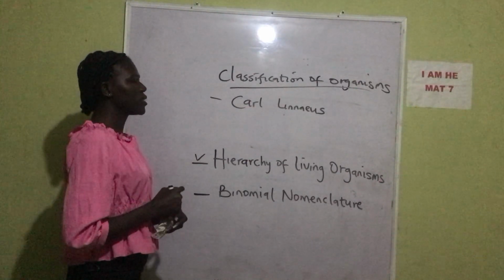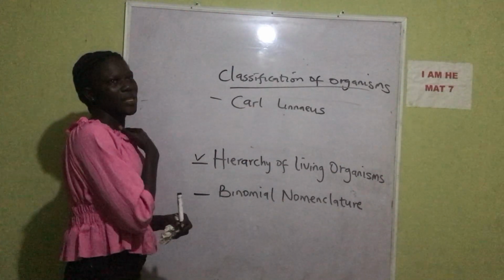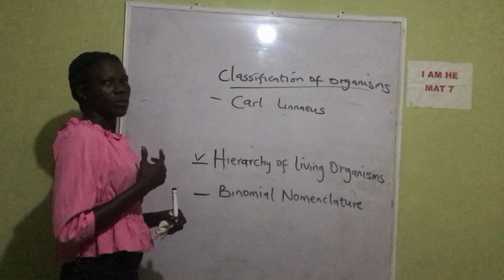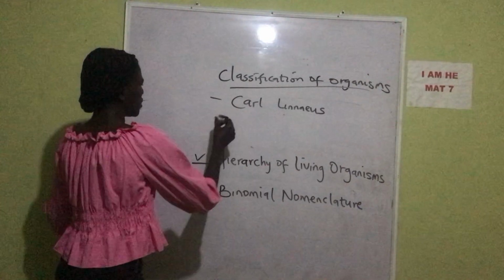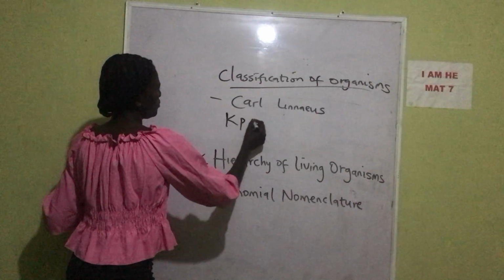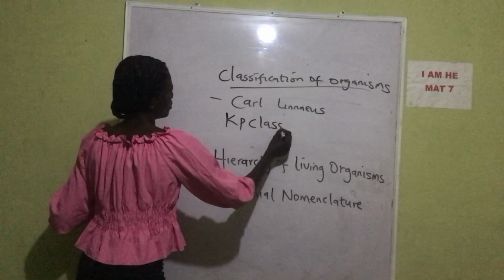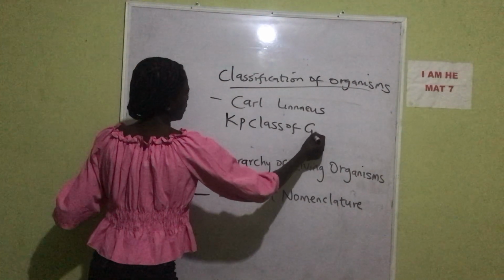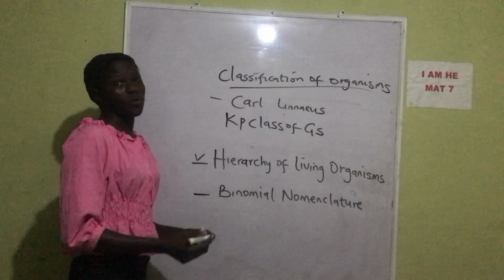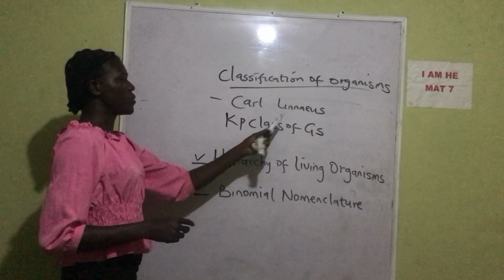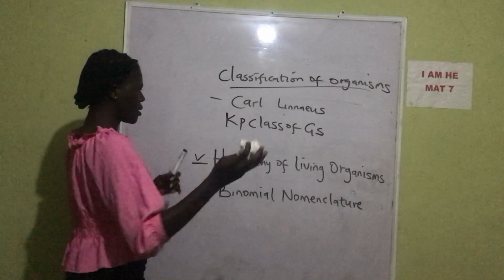The hierarchy of living things involves 7 groups. I have an acronym for it, called the KP class of GS. This is my own acronym. Let me outline them for you.